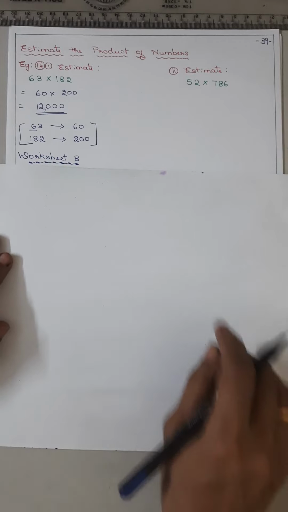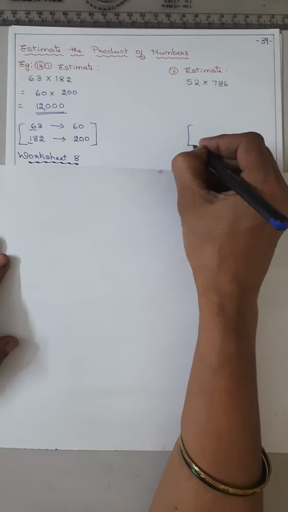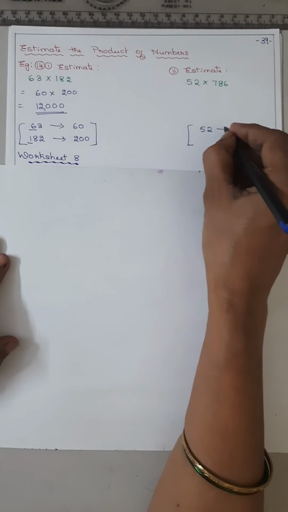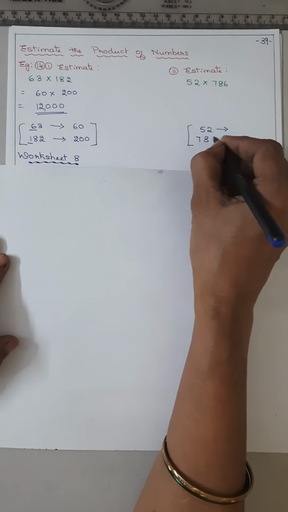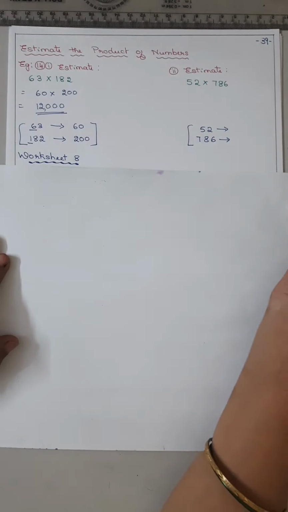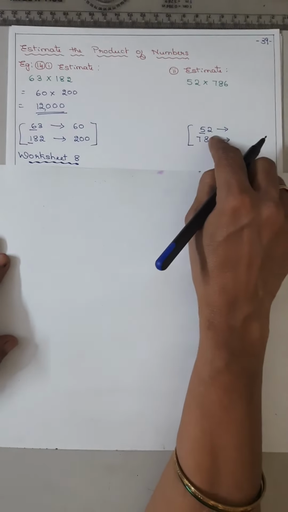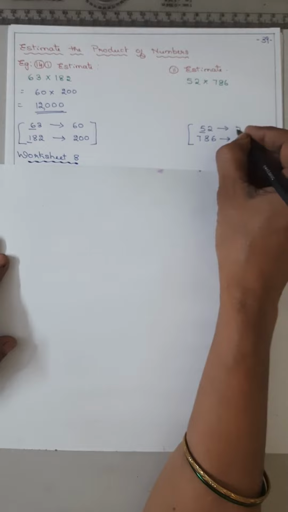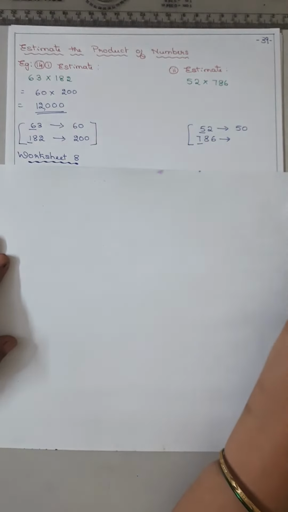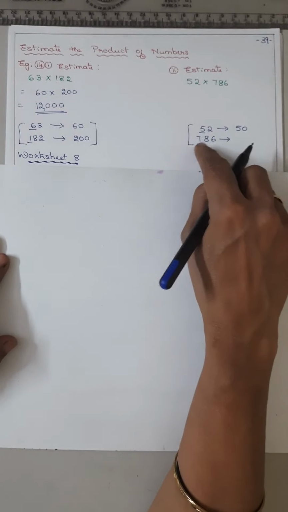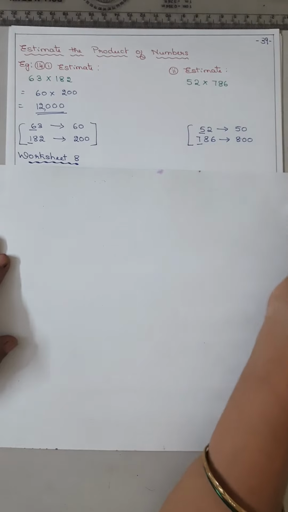Okay. Now the second sum, it is 52. Round off to tens, and 786 round off to hundreds. So tens, so underline 5, to the right it is 2, so ये 50 रहेगा. अब इधर underline 7 in hundreds place, right side it is 8, so 7 बनता है 800.